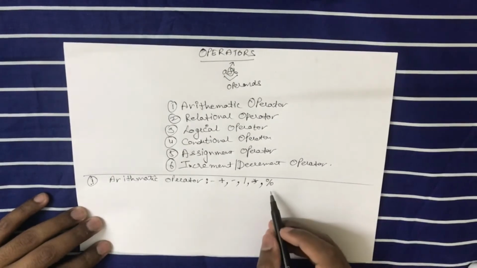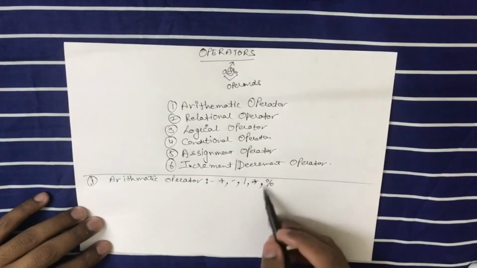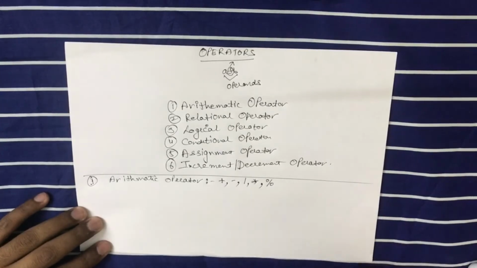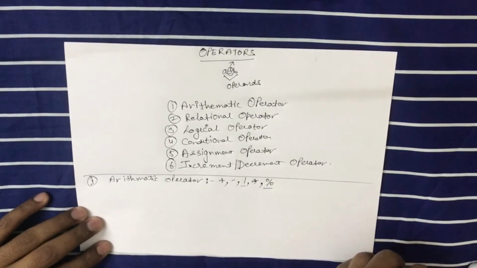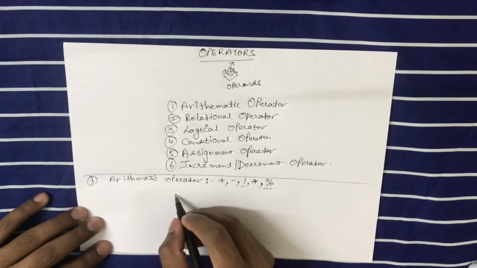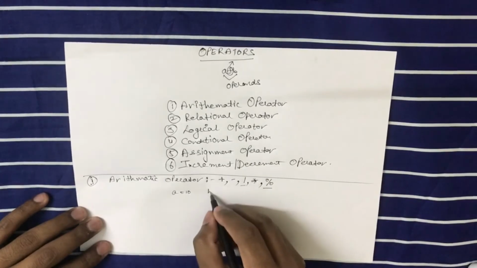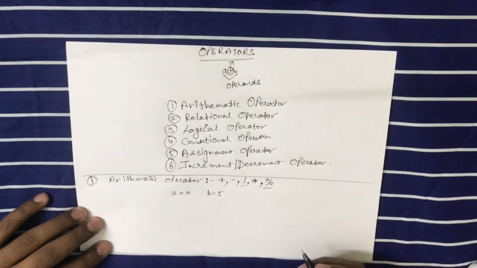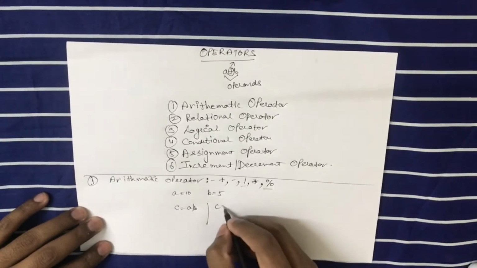This symbol is known as mod, and you might have used all these operators excluding this mod operator. See, these two symbols do the same operation, which is division, but the output value which they give is different. For example, say I have two variables, a which is carrying a value 10 and b which is carrying a value 5. Now I'll do c equals a divided by b, and c equals a mod b.